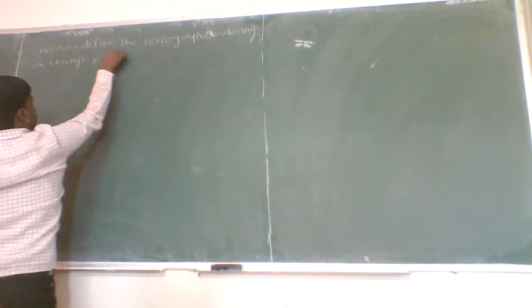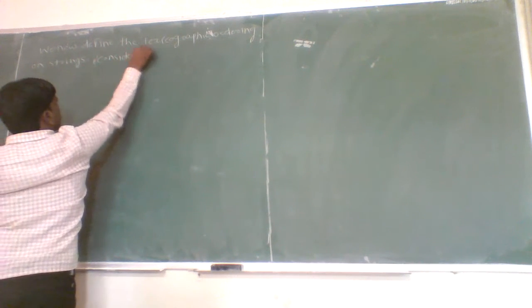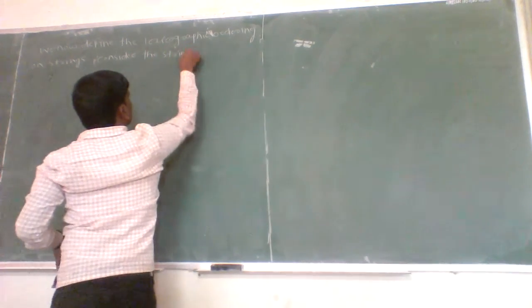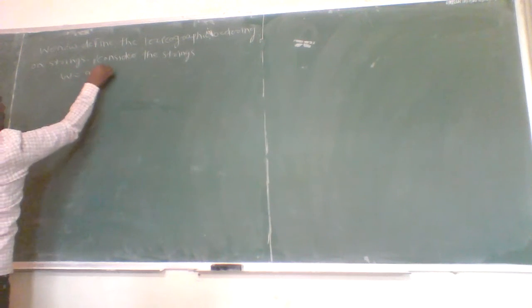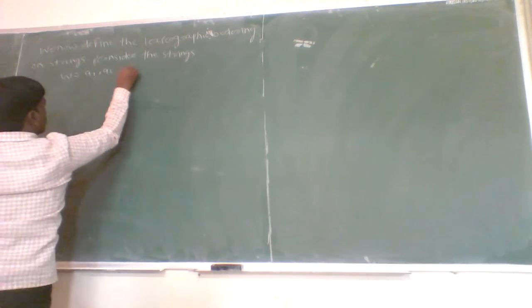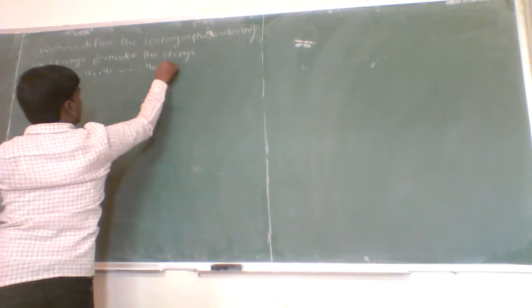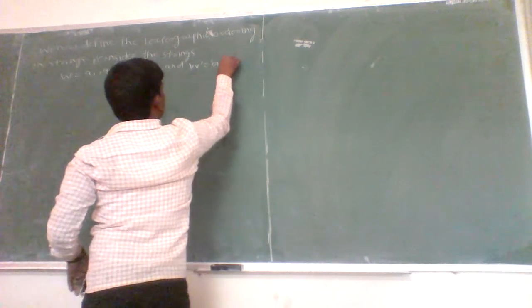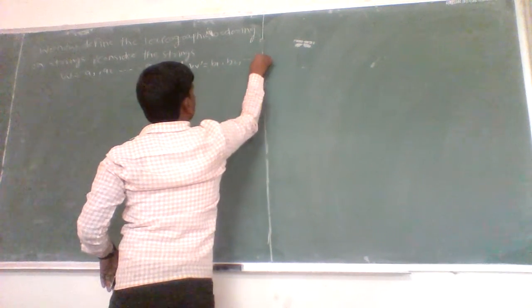Consider the strings W equal to A1, A2, and so on, AM, and W dash is equal to B1, B2, up to so on, Bn.